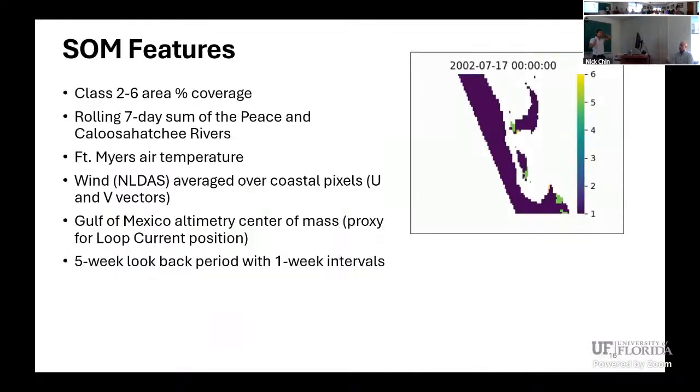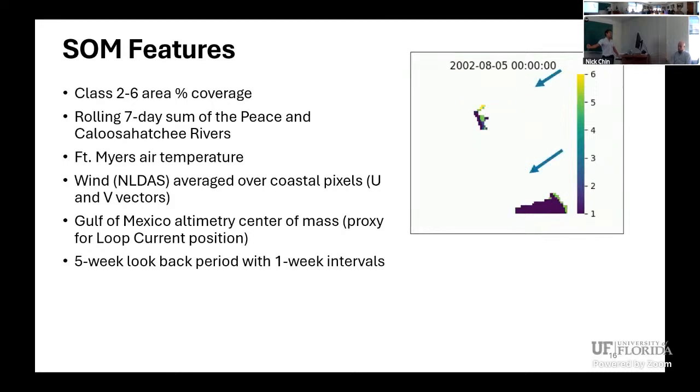So what are our features, or our ingredients going into this study? We're going to use our class 2 through 6 area percentage coverage. We're leaving out class 1, which I will get to in a little bit, why we did that. We're using a rolling 7-day sum of the Peace and Caloosahatchee rivers, Peace River and Caloosahatchee River.